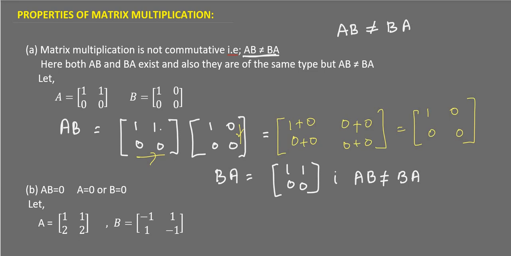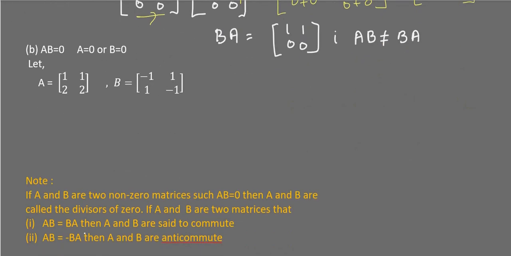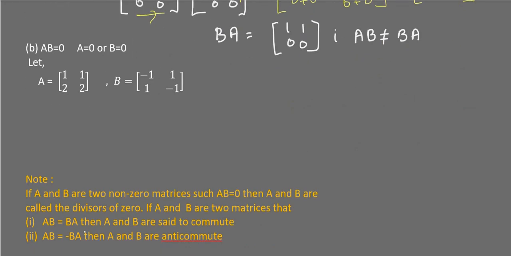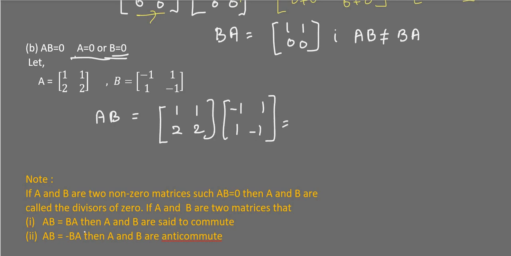If the product AB is equal to 0, it does not follow that either A is equal to 0 or B is equal to 0. In this example, I have taken two matrices. The product of the two matrices is [1, 1; 2, 2] into the matrix [-1, 1; 1, -1], which is equal to the null matrix, [0, 0; 0, 0].